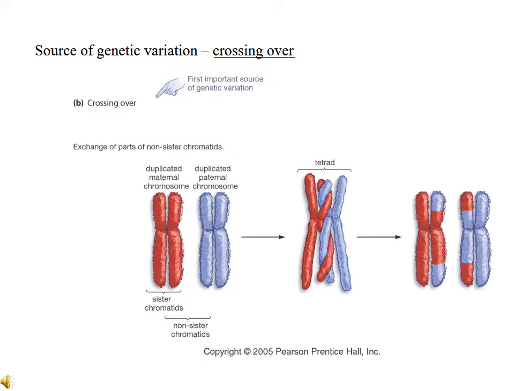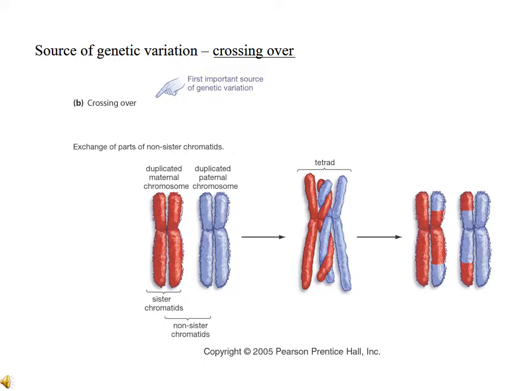All right, let's look at the first source of genetic variation. This took place in meiosis 1 when crossover took place. As you can see, we started off with 2 chromosomes. These are homologous pairs you see to the left, and each pair has 2 sister chromatids.